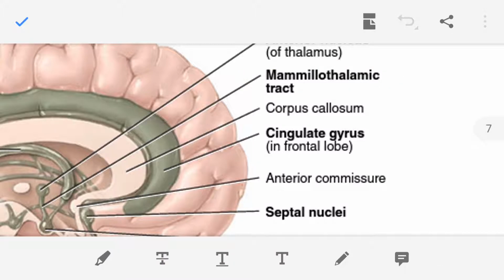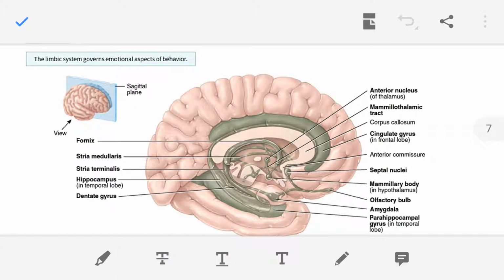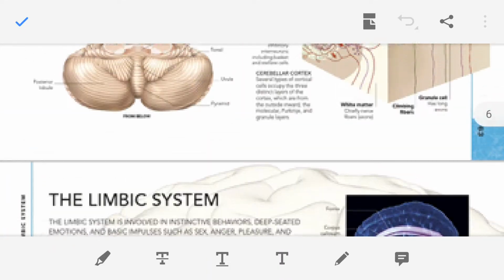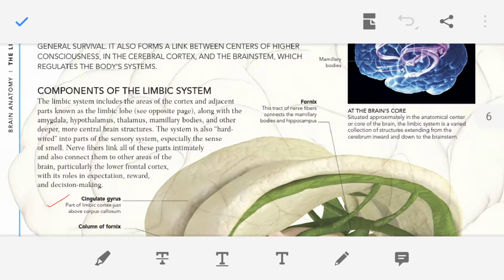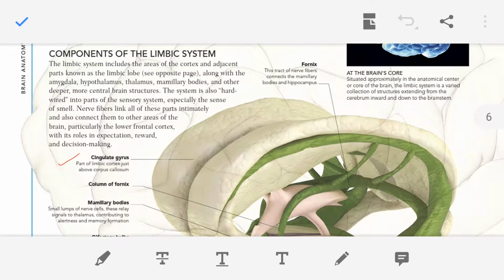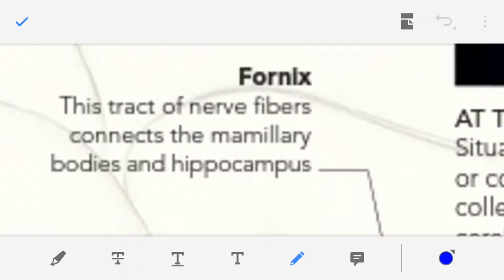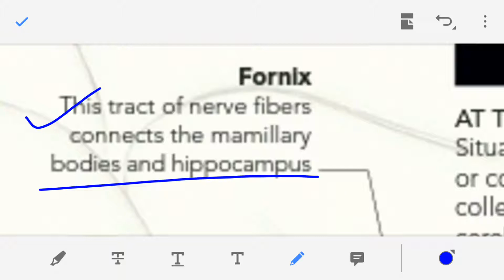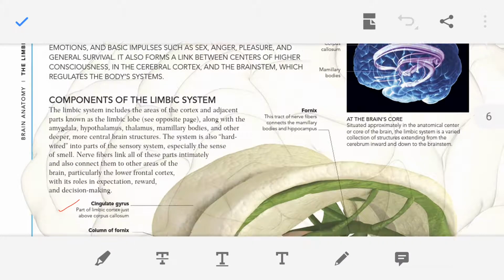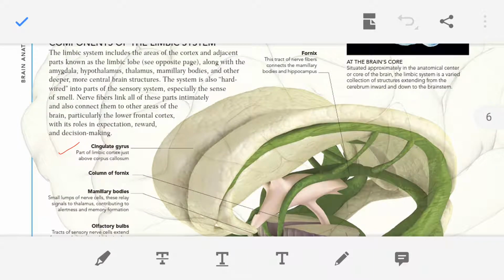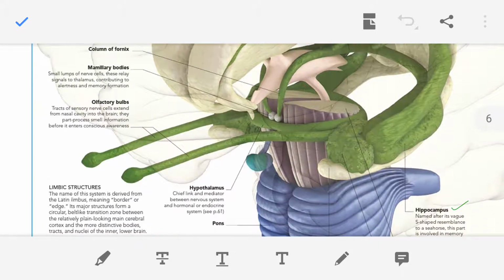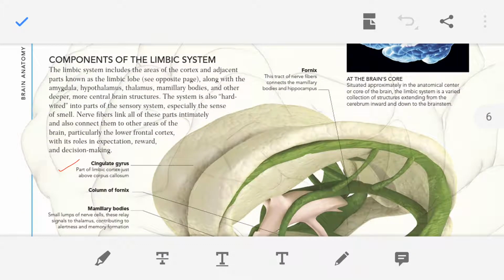Okay, here see, fornix. A tract of nerve fibers connecting the mammillary body and hippocampus. So this is the fornix.